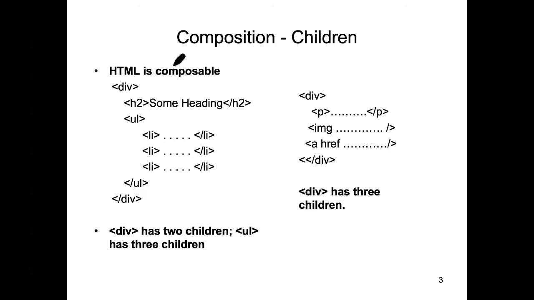So HTML actually allows us to compose elements in any way that we want to. If we go back to the excerpt on the left, we would also say that the div has two children, H2 and a UL, and on the right, our div has 3 children. So it's this term children that I'm just introducing here, because that actually comes into play when we start looking at React components and composing React components with other components.